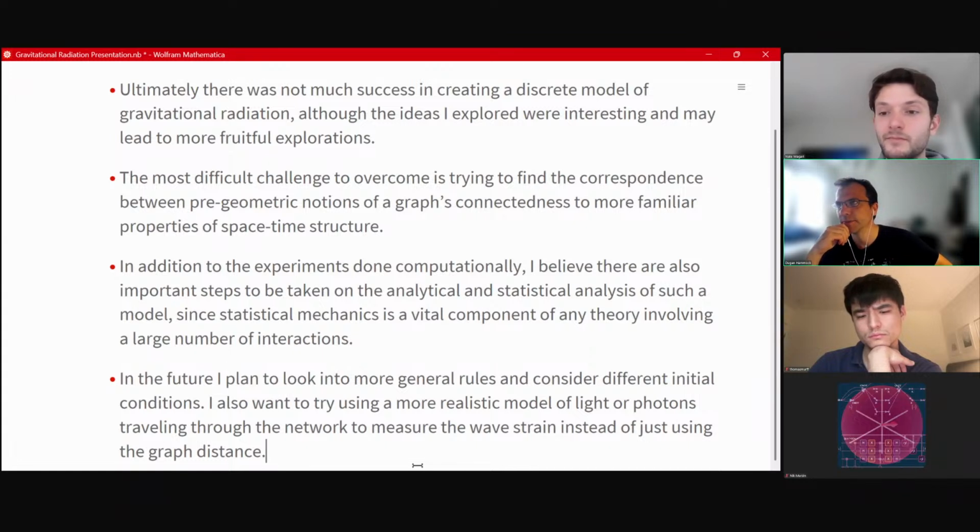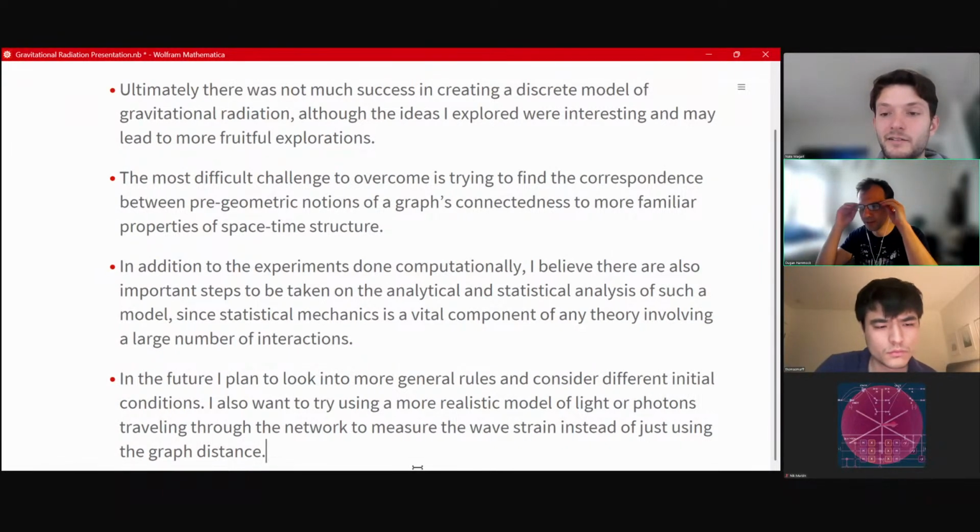And if we know what the metric is insofar as we know what the edge distances are, then there might be a way to look at updating rules that respond to the metric itself. But yeah, there's a lot of room to explore different updating rules and different initial conditions.